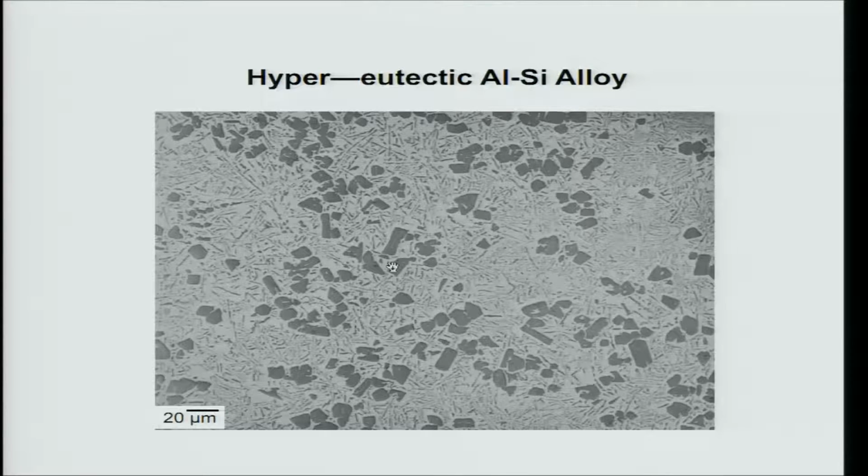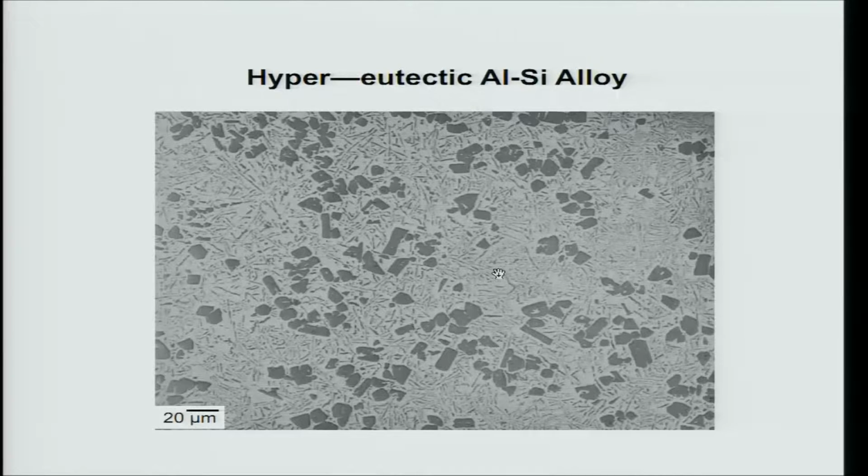You can see here very sharp faces, some triangular, some rectangular, some trapezoidal shaped, all kinds of face shapes are possible, and in between you have the eutectic between silicon and aluminum. So this silicon present as faceted big grey things is called primary or pro-eutectic silicon, and the silicon present in the eutectic is called eutectic silicon.